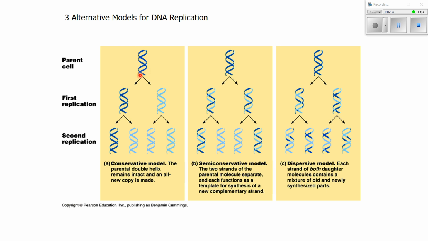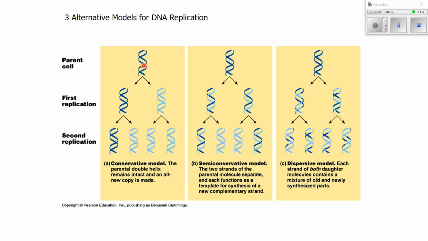So we're looking right here at a double helix. Here are the two original strands of DNA that we're trying to copy. And after we copy it, the light blue represents the new DNA, the brand new copy that was just made.